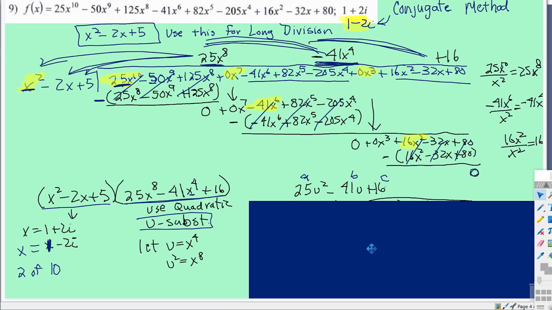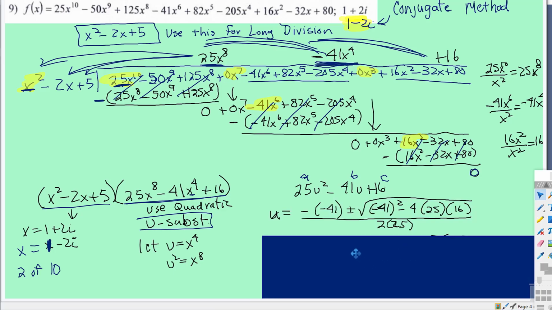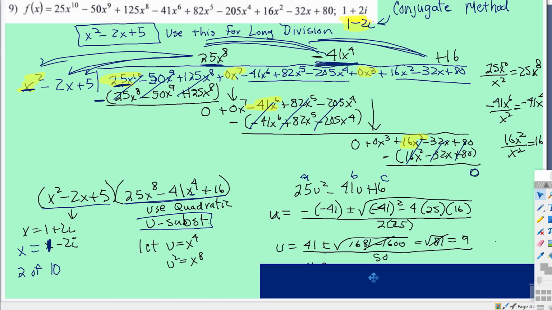So we're going to put that into the quadratic formula. The opposite of negative 41 plus or minus the square root of negative 41 squared minus 4 times a times c all over 2 times a. This simplifies to positive 41, and then negative 41 squared is 1681.